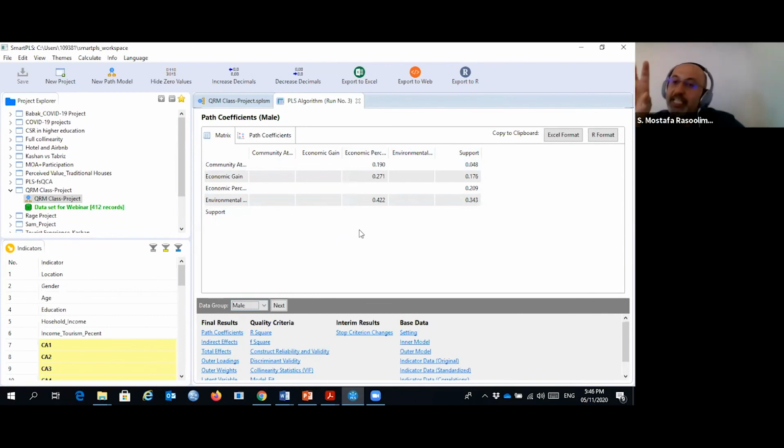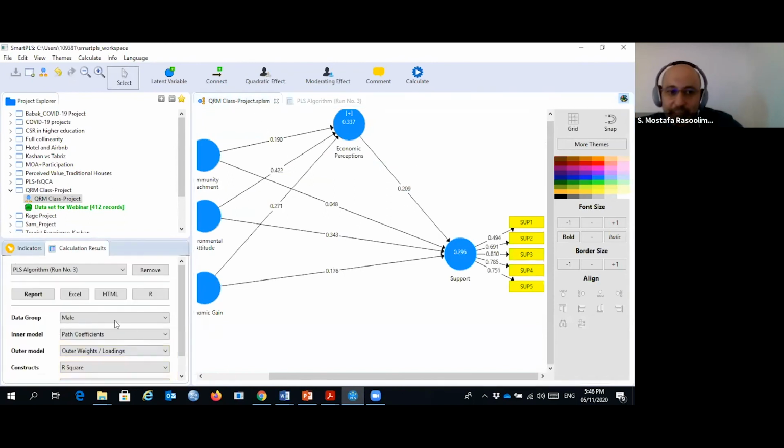So when we generate groups, in the regular analysis for assessment of the measurement model and structural model, we can also get results separately for these two groups. Here you can see the result in this window, but if you change data group, for example, to complete, you can see this change.